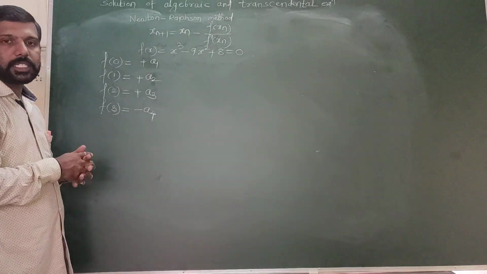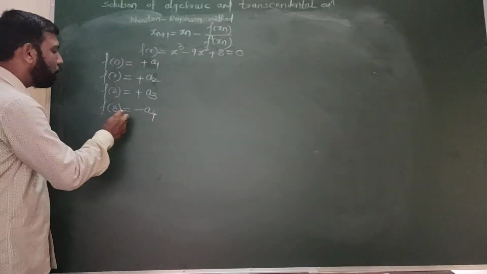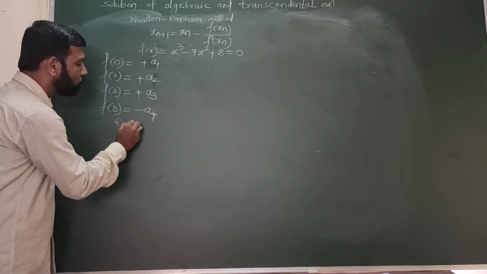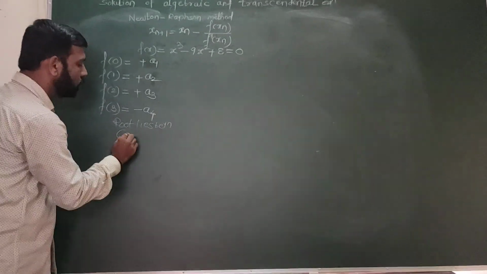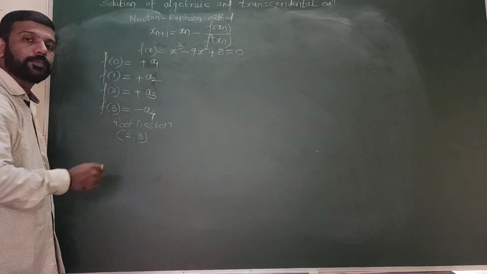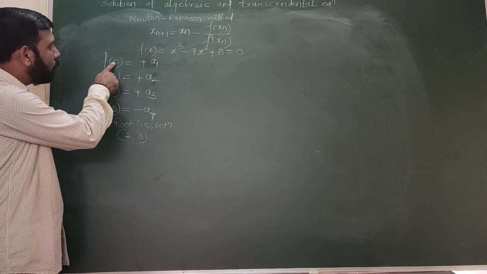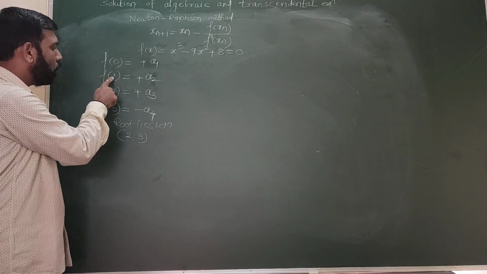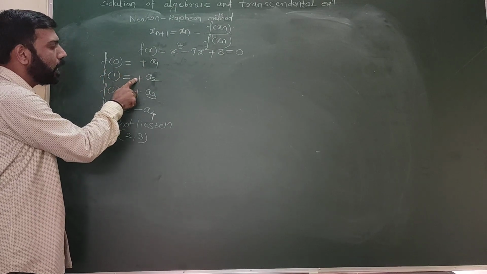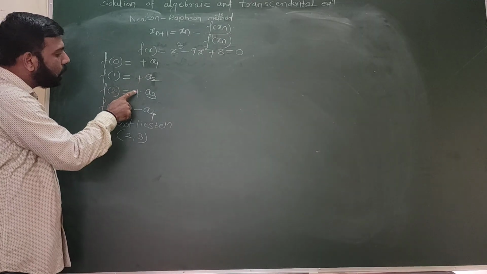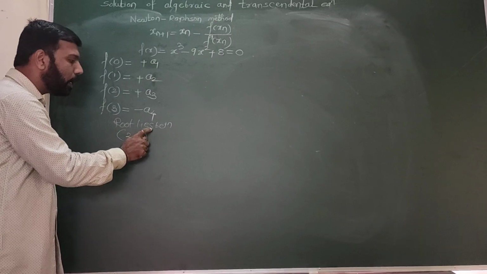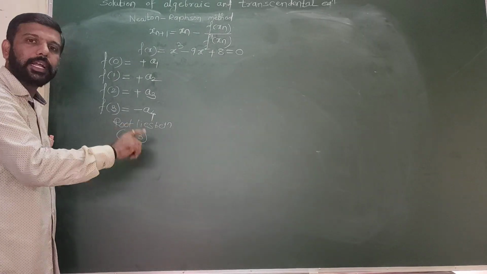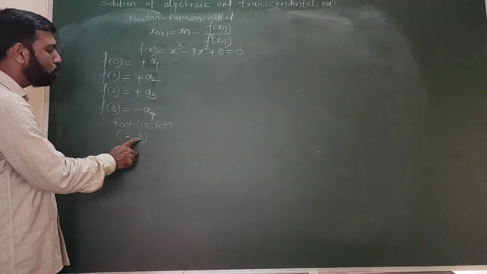When it changes its sign, we claim our root lies between that interval, which is 2, 3. We will not write the interval 0, 1 or 1, 2 because they have the same sign. When the sign becomes opposite, at that time we claim the root lies in that interval. So the interval is 2, 3.